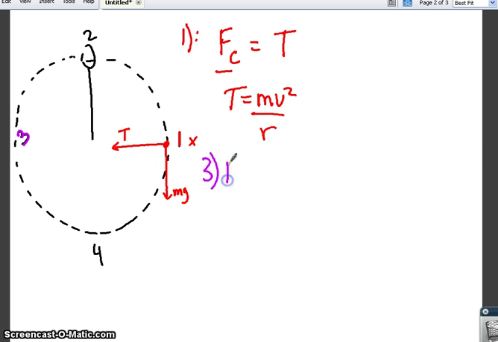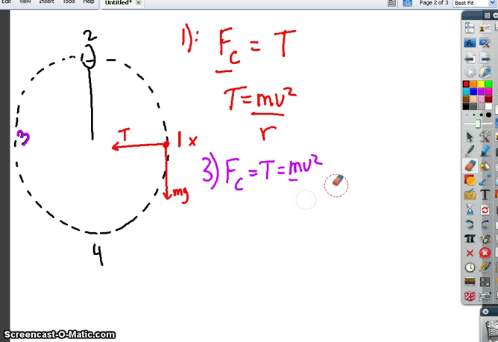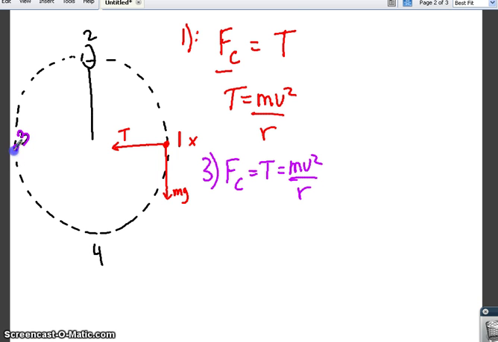Okay? So you can probably already tell that at point 3, we have the same exact thing. Centripetal force is equal to tension, and tension equals mv squared over r. So at this point right here, same thing. Tension is pulling it in. Gravity is pulling it down.